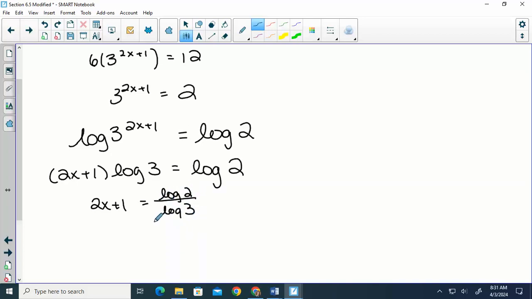Then we need to. So, definitely not pretty the way we have it.